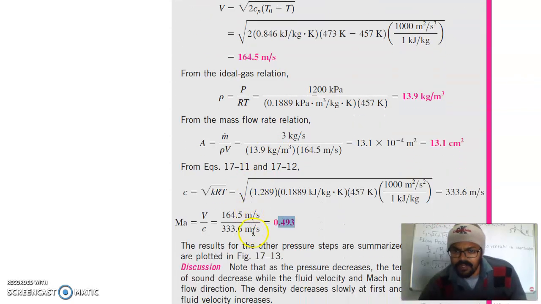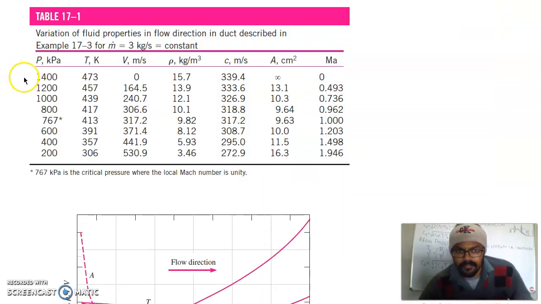We tabulate all these values here: at 1400 kilopascal, temperature, velocity, density, speed of sound, area, then the Mach number, at 1200, then 1000, then 800. Here you can see this is a special case, beyond which the area starts to increase further.